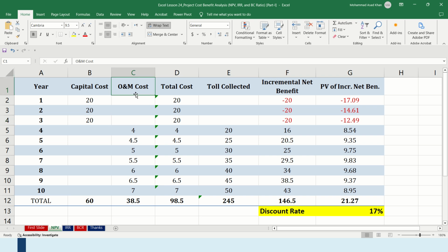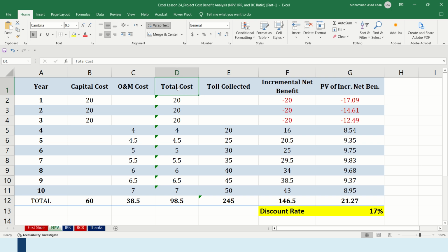Or say it's a beverage project, a cola project. Initially, the capital cost is like 60 million, and then you started investing in its operation and maintenance, the cola company. That is like 38.5 million.